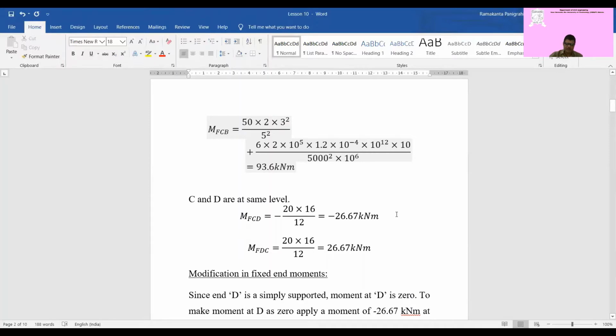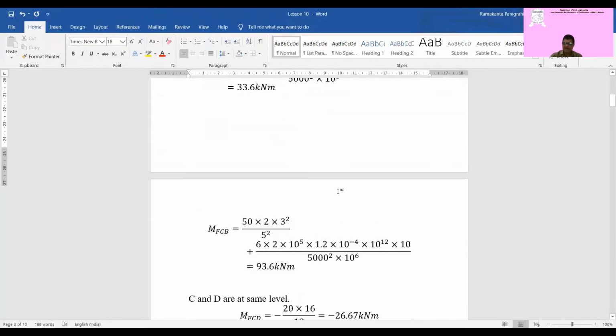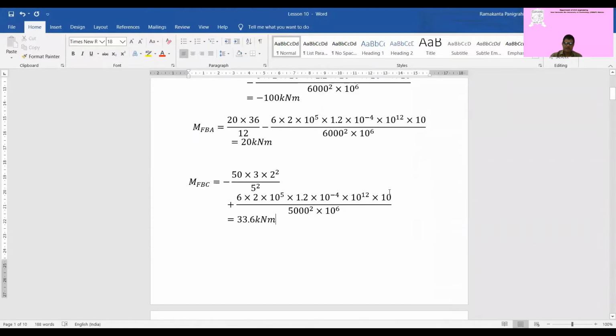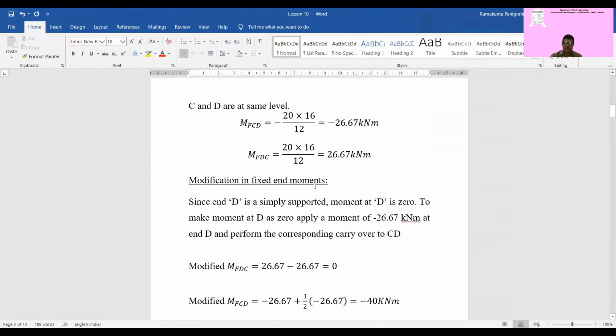Now we calculate the modified fixed end moments. Now we have to modify. Why modify? Because you see the end D is a simple support, or it may be a hinge, so the moment must be equal to 0. Whatever moment we have got here, the fixed end moment is plus 26.6. To make it 0, apply a moment of minus 26.67 kilonewton meter.